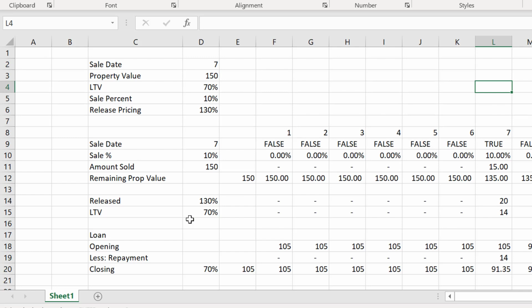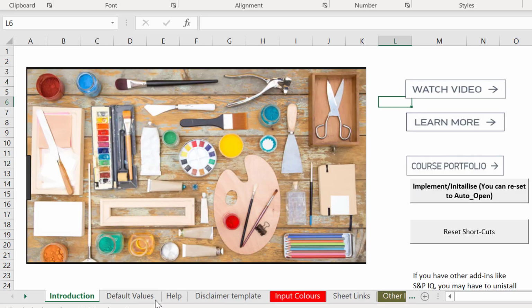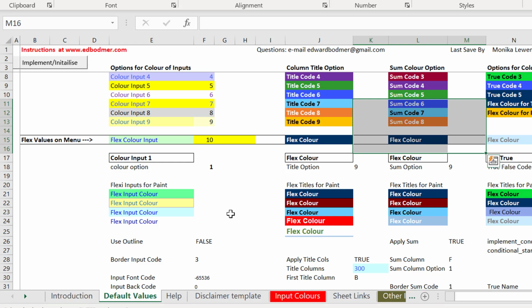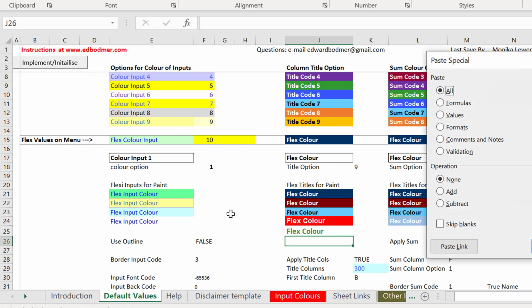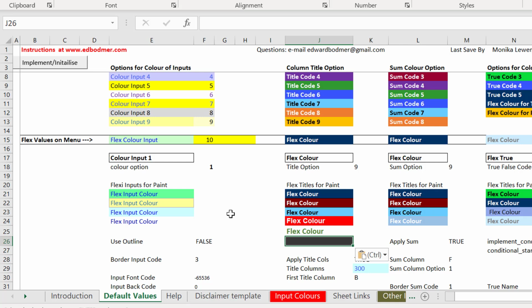And if you would want to put that into the generic macros, you go to the default values, and this is a title option, and let's copy it, and let's put a flex.